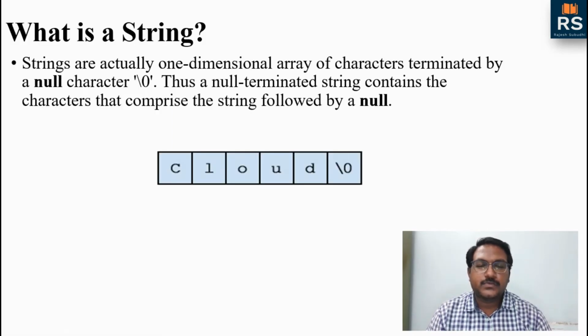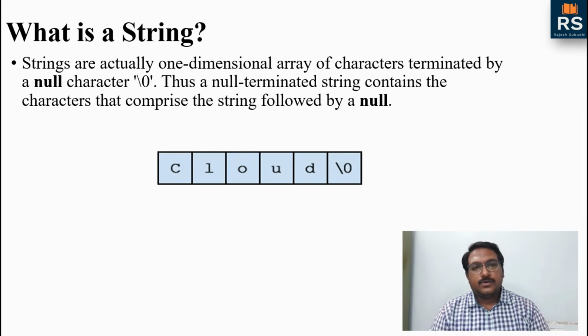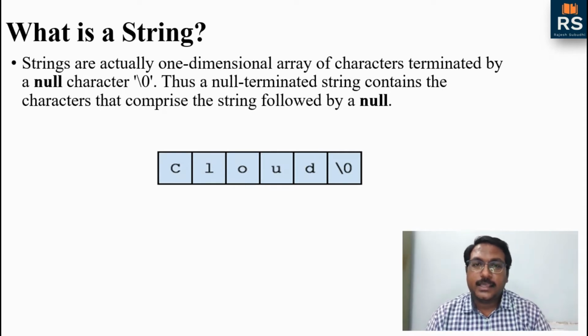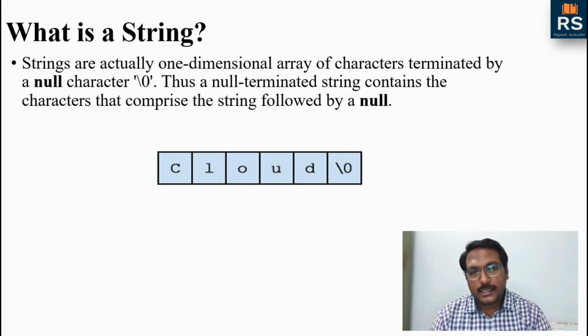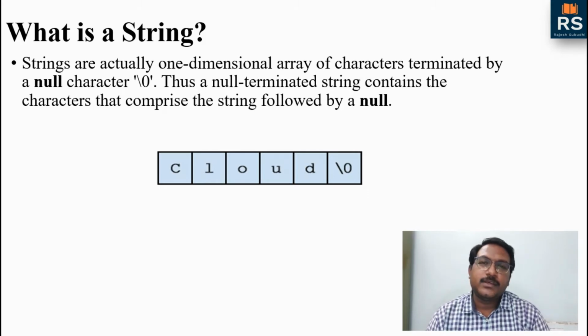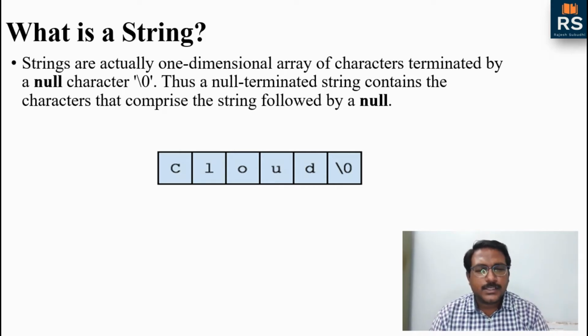So first thing is, what is a string? In the normal layman view, a string is a character array with a null character at the end of the array. This is the definition of string.